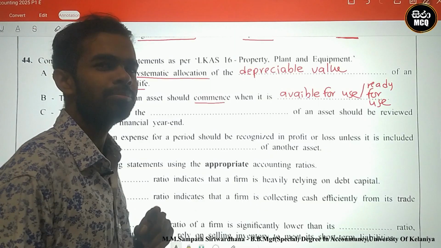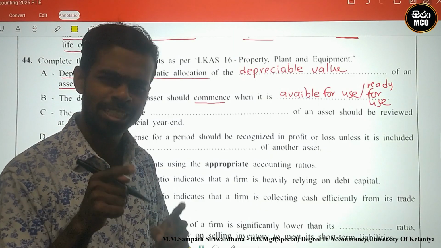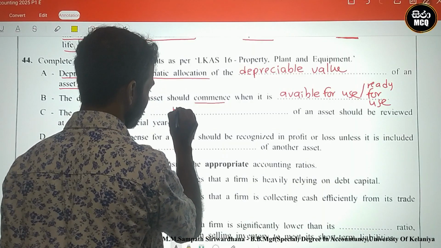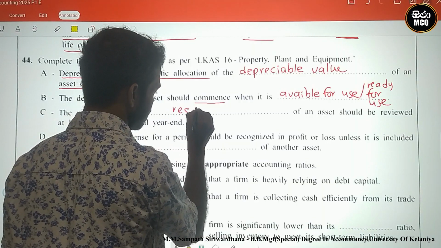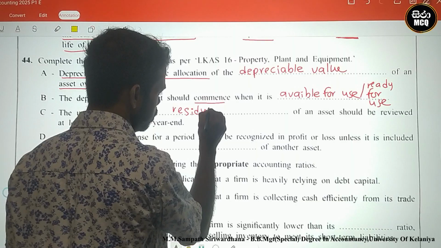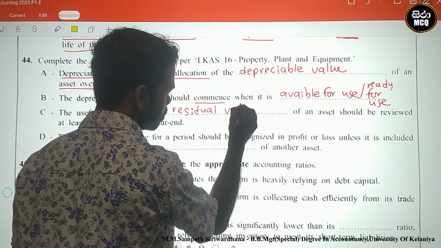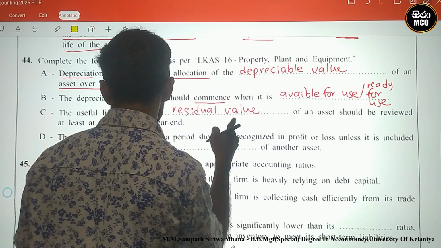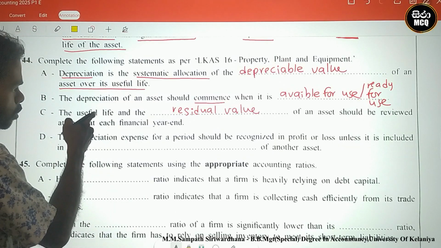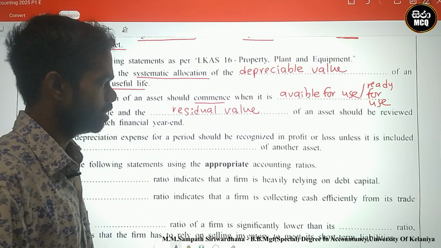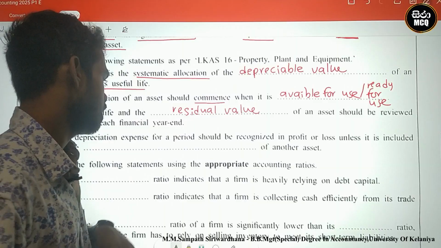Useful lifetime, and we can think residual value. Okay, residual value. These are all estimations. Useful lifetime is an estimation. Residual value is estimated.